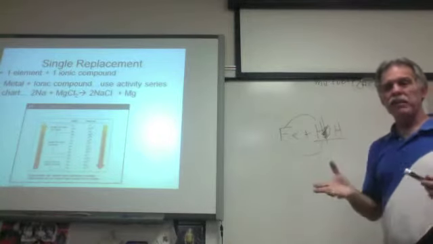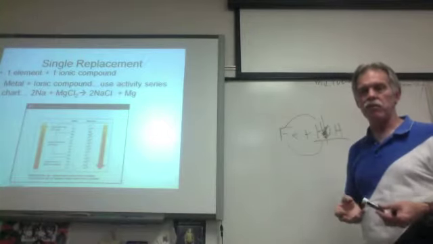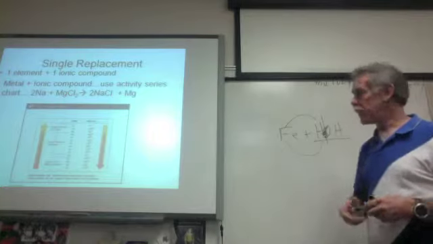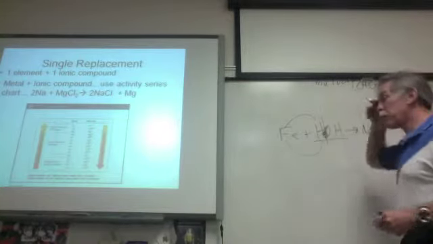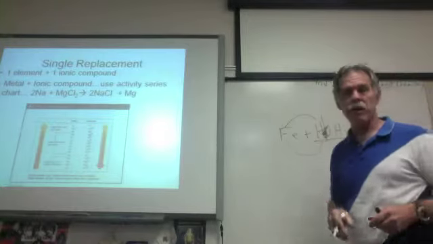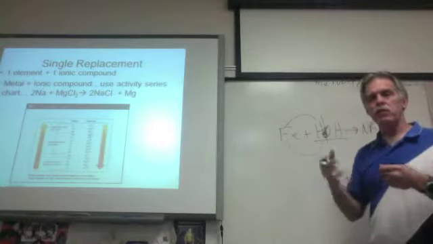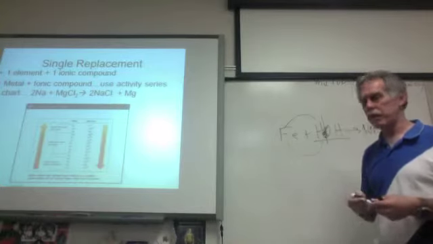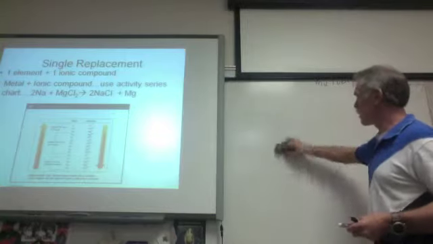You don't have to memorize it. It tells you right there which ones will take H's from water and which ones won't. And this would be no reaction. I think maybe you have that on your review. Maybe I put that one on the quiz. So make sure that you're aware of that, because there will be at least one no reaction on the quiz or the test. You need to make sure that you're up on why there's no reaction.